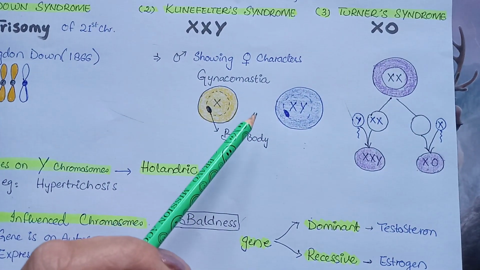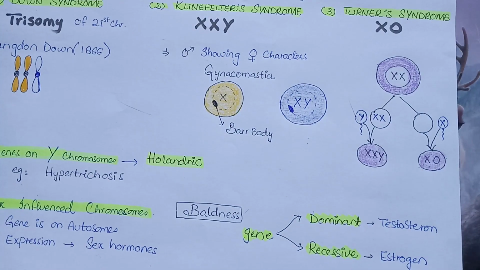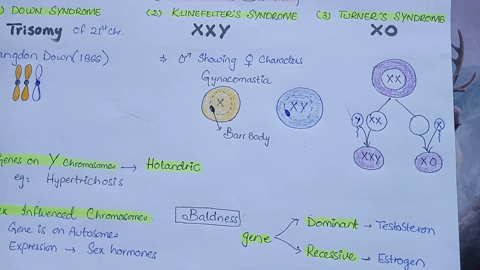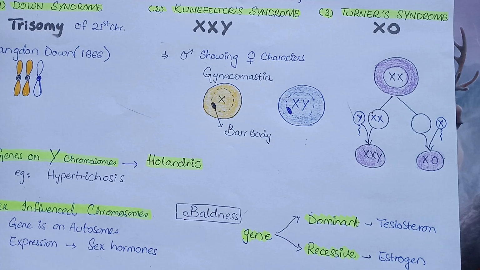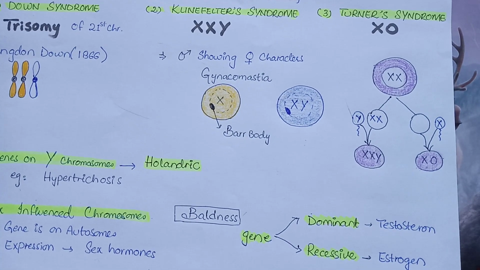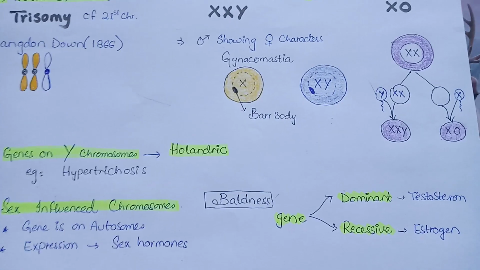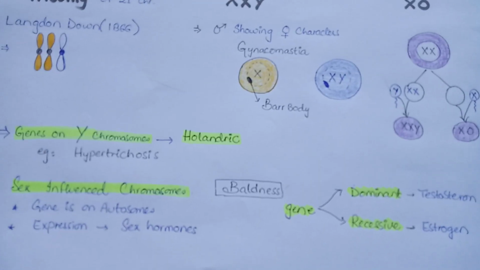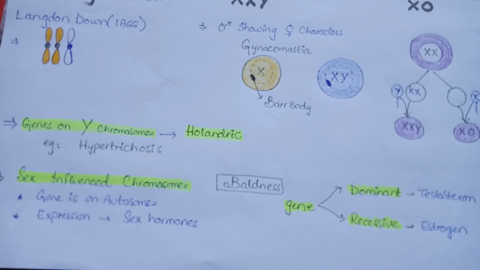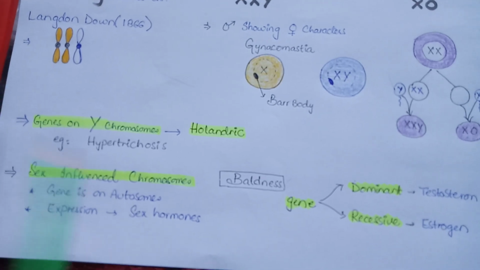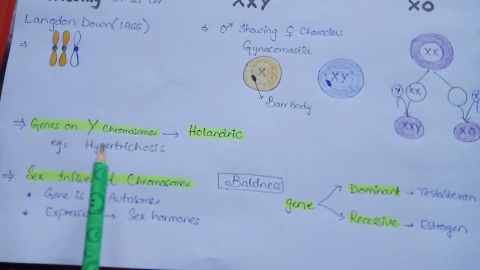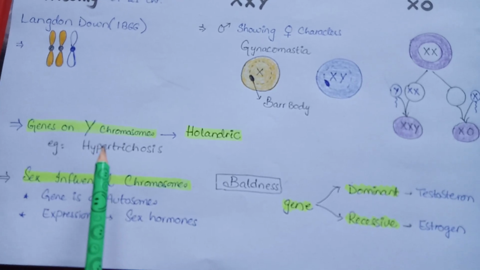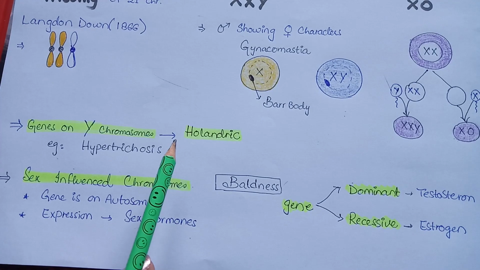So as we have discussed all these genetic disorders, we need to discuss one more topic over here. It is about X-linked or sex-linked traits. The genes which are located on Y chromosomes, they are termed as Holandric.